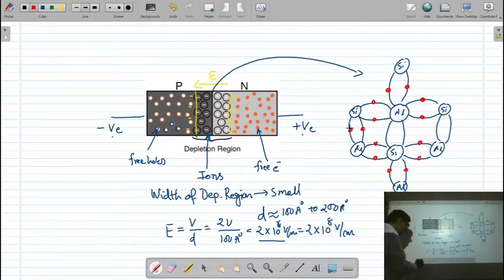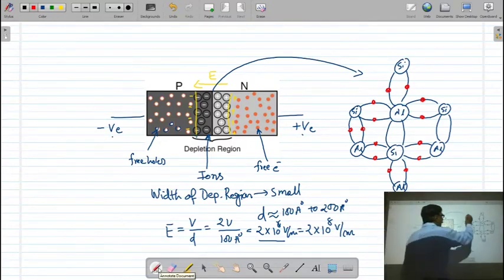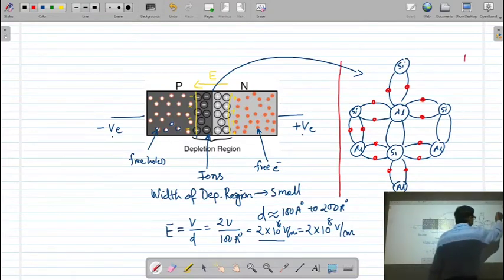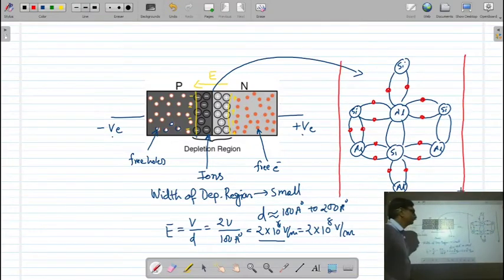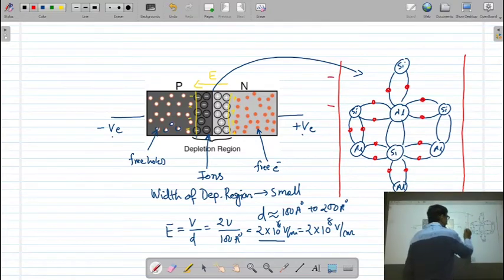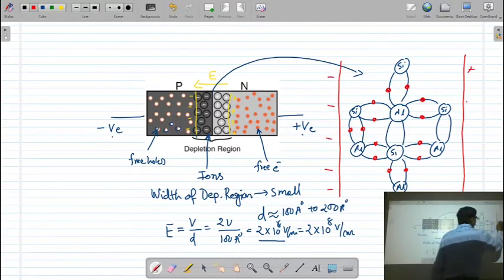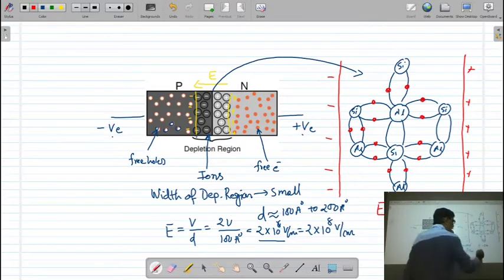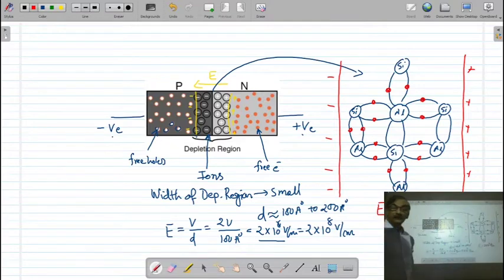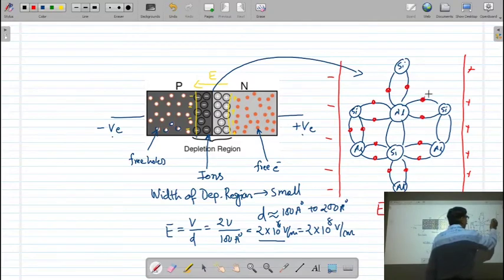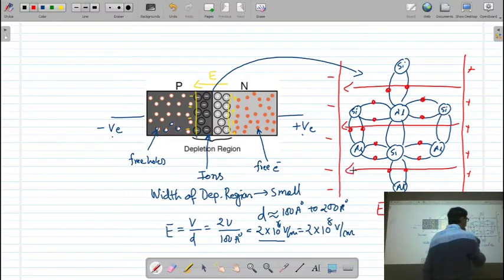Now when you apply the electric field, the electric field is going to appear across this atom. Let us say this is negative and here we have positive. This electric field is 2 into 10 raised to 8 volt per centimeter, and this electric field is very high. So due to this electric field, there is a force. The electric field will be in this direction.